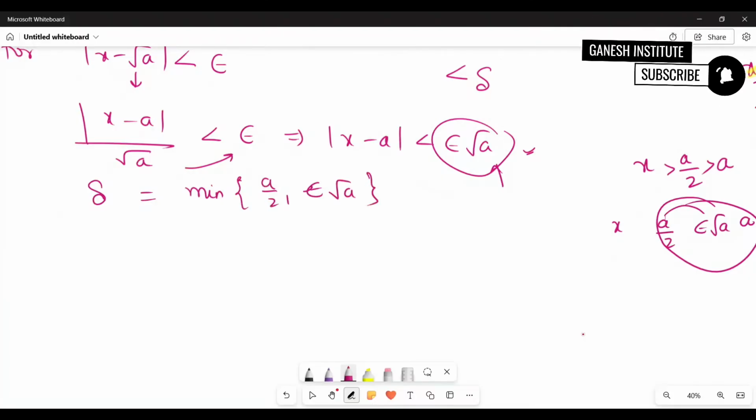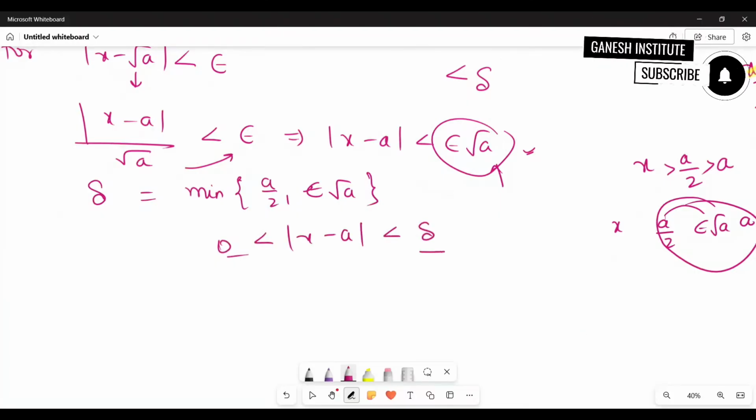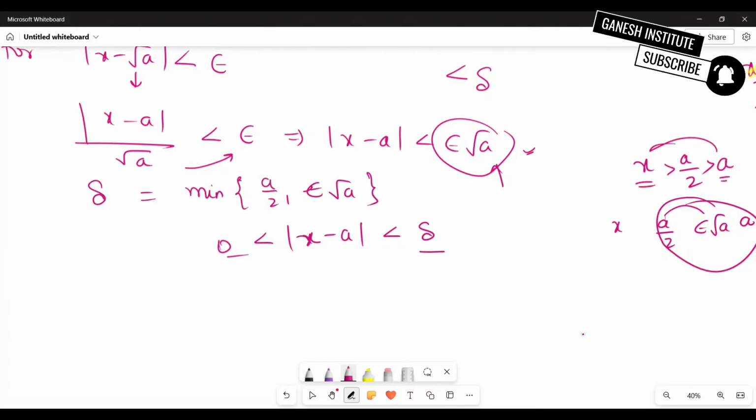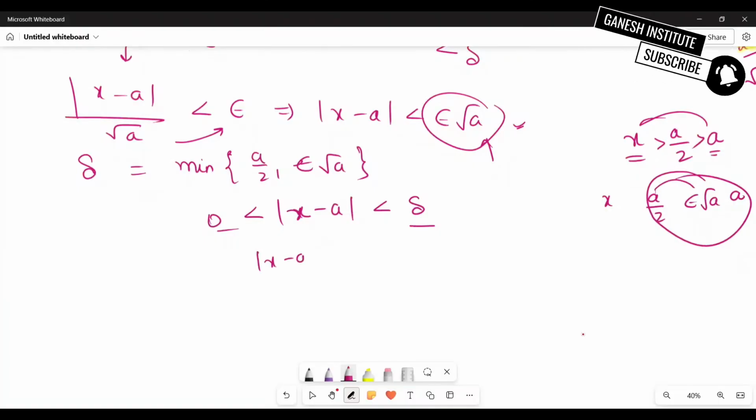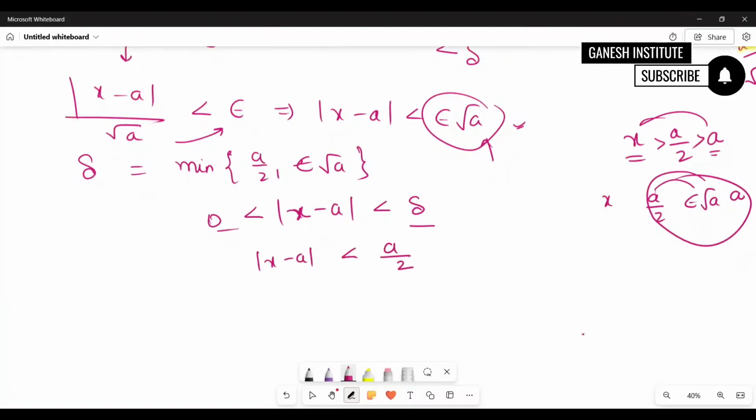And then you will say that you know the absolute value is going to be this way, right? And your values x and a have this relation. This x minus a is less than a by 2.